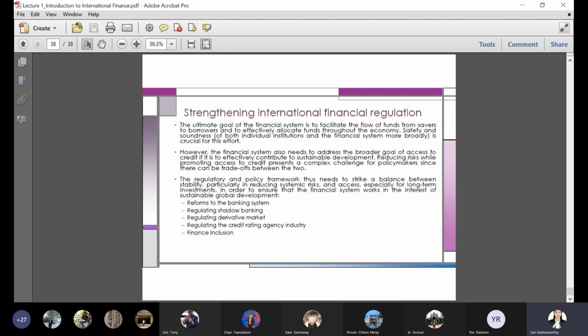So they also consider whether the sectors or businesses they provide credit to contribute to economic, social, or green financing or not.